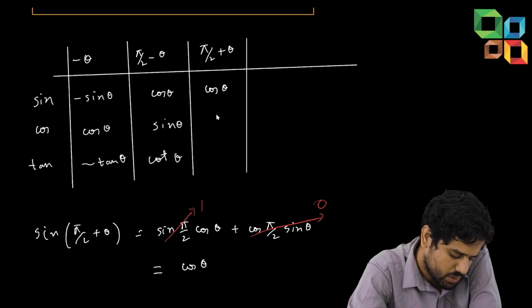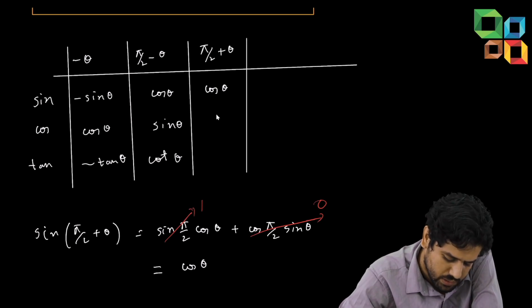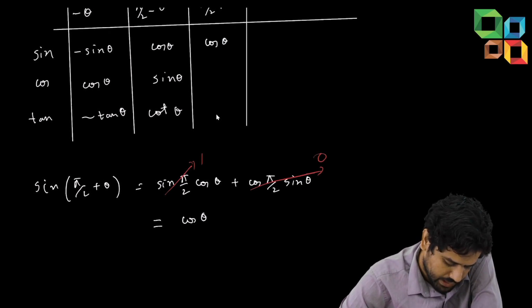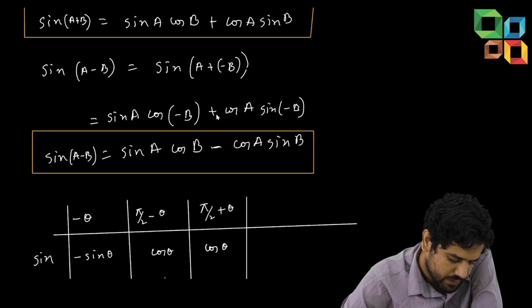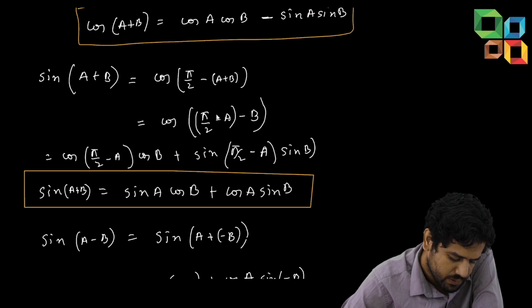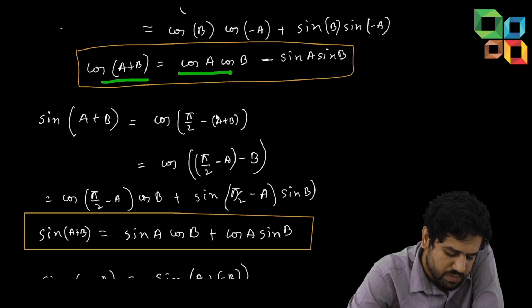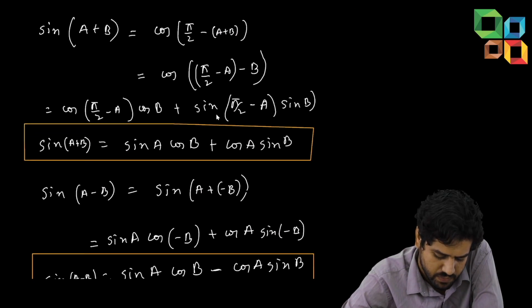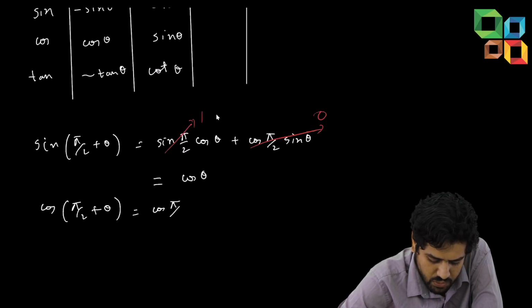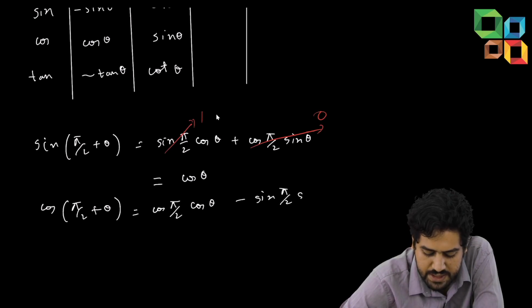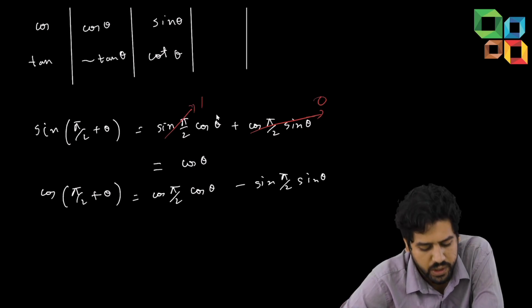Okay. What about cos of pi by 2 plus theta? Cos of a plus b. What's the formula? Cos a cos b minus sin a sin b. So cos pi by 2 cos theta minus sin pi by 2 sin theta.